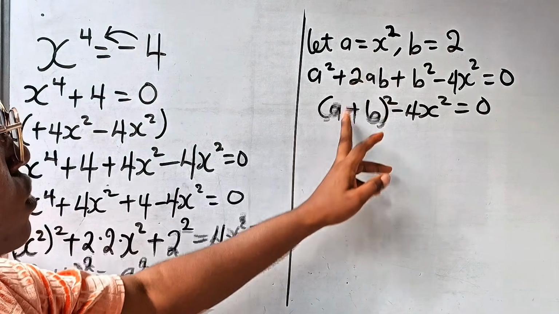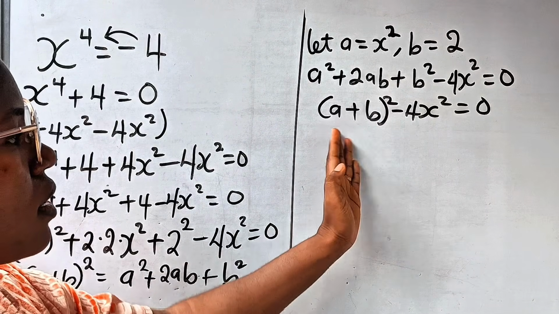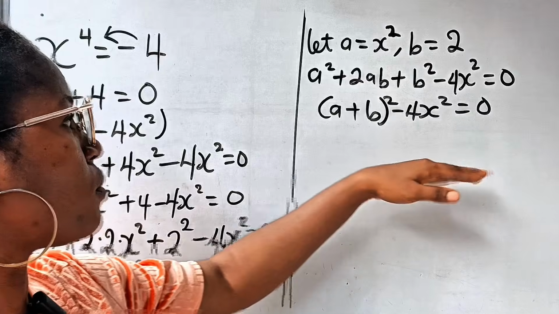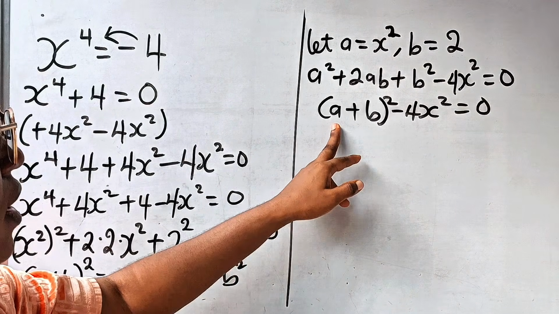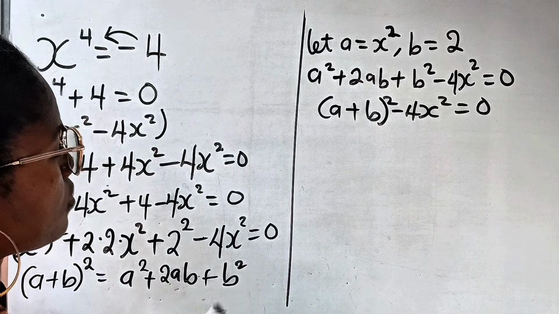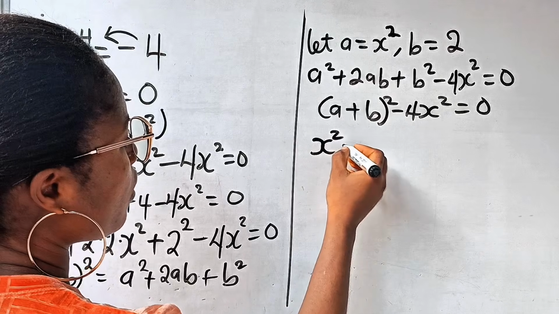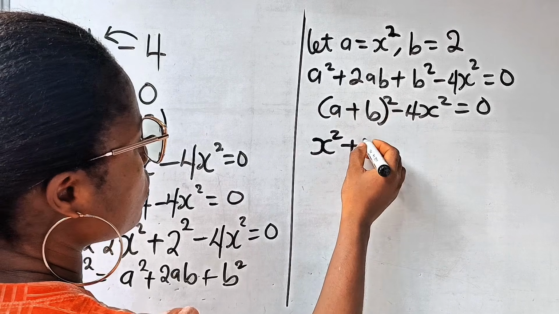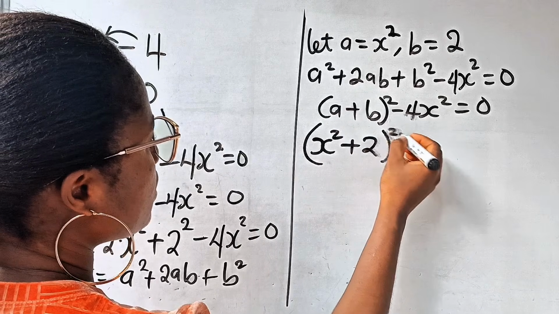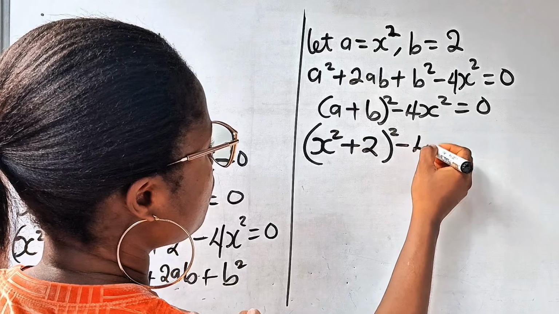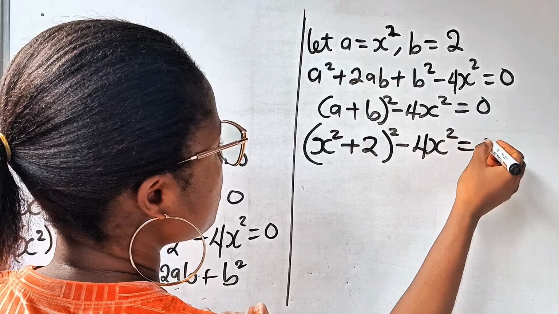Now let's substitute back our a and b in the new equation we just formed. So we're going to write this as a is x squared plus b is 2, all squared, minus 4x squared is equal to 0.